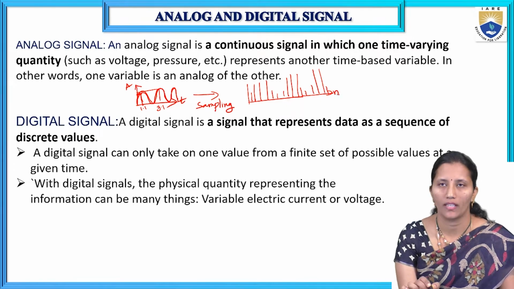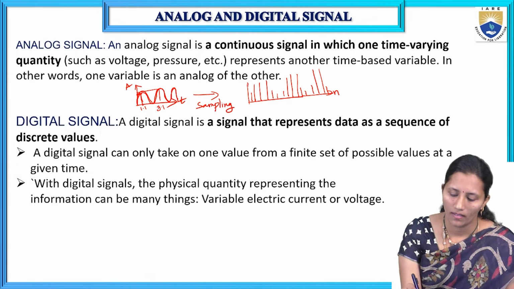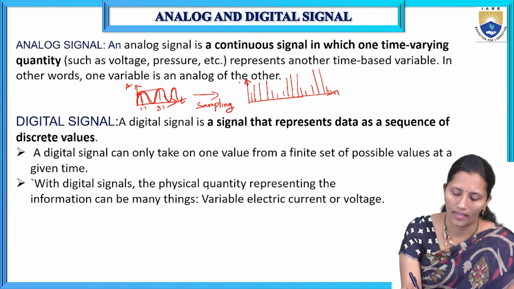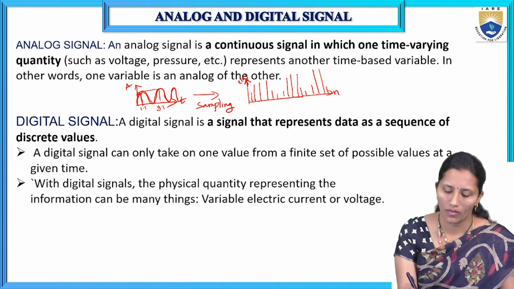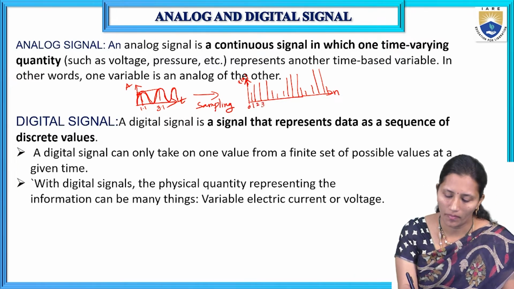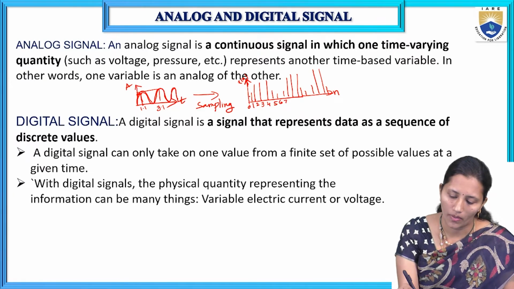Here n represents the sample number and it is the amplitude. Here the time is in discrete nature, whereas the amplitude is in continuous nature.